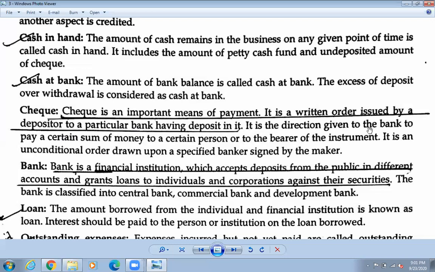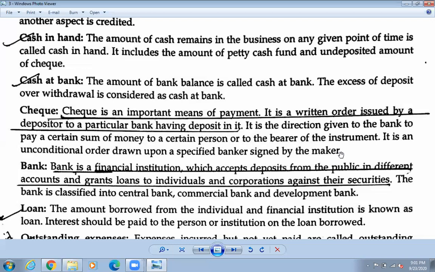So it is a direction given to the bank to pay a certain sum of money. Sum does not mean adding money, sum means an amount, a certain amount of money to a certain person or to the bearer of the instrument. Whom to give it to? Suppose I don't have cash right now, so I'll write down the name of the person to whom I need to give the amount.